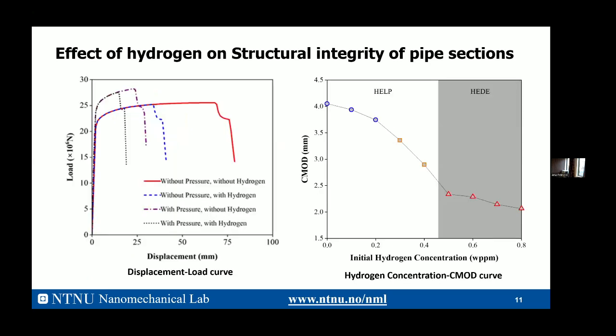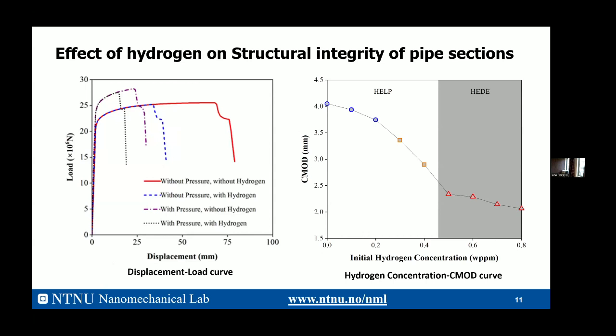Here are the simulation results. Under the condition without pressure, just with the hydrogen, you can see how hydrogen suppresses the ductility of the specimen: a very significant ductility loss. With the condition of gaseous hydrogen with pressure, it can increase the load, but also leads to ductility loss of the specimen.